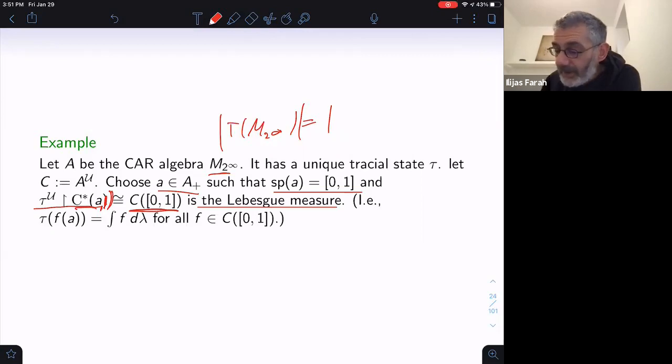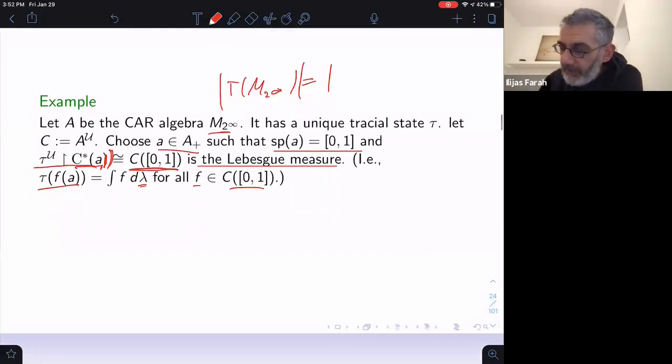Well, I mean that if I have any continuous function f on [0,1], then tau of f(a) is nothing but the integral of f dλ, where λ is the Lebesgue measure. So you can either construct it from scratch or just use some general theorems to get it, but there is such a thing.